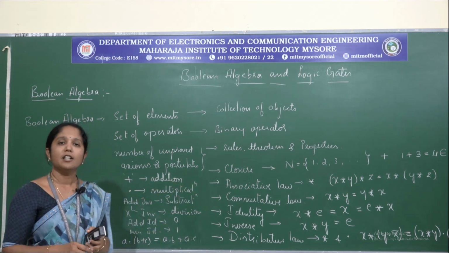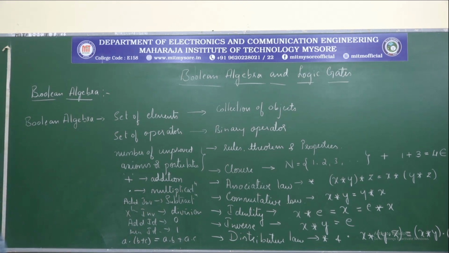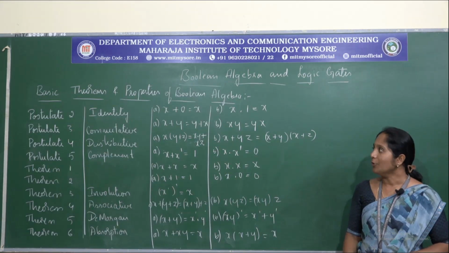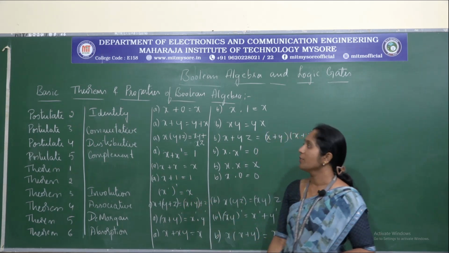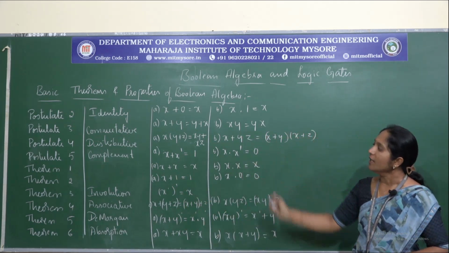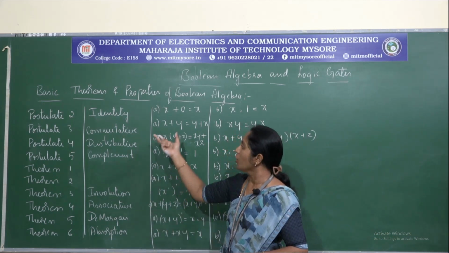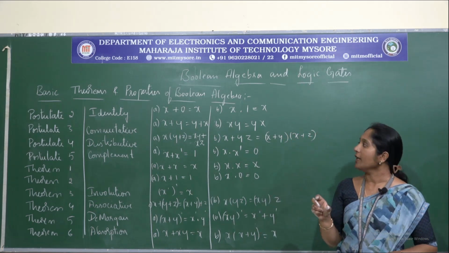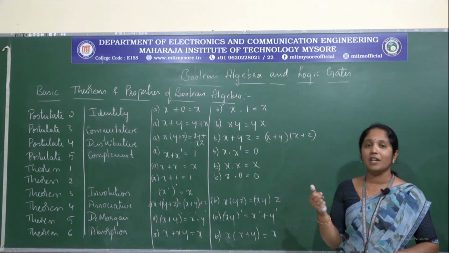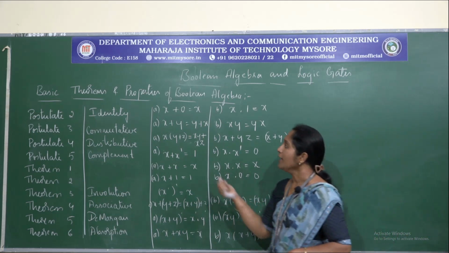Now let us see the different theorems we have in Boolean algebra. Let us see the basic theorems which are used in Boolean algebra. Here I have listed the postulates as well as the theorems which we commonly use. In Boolean algebra the first postulate is closure.